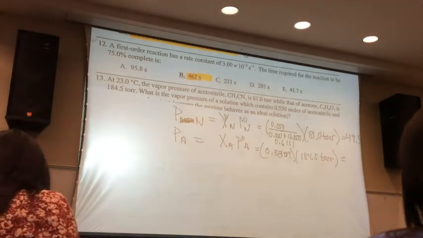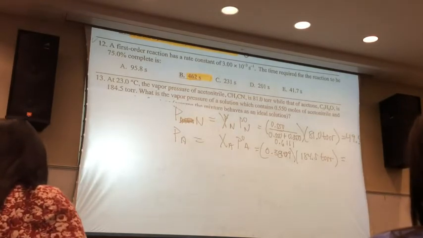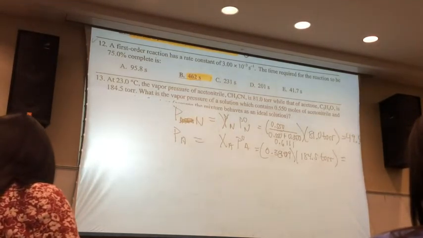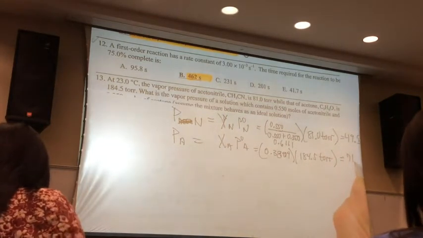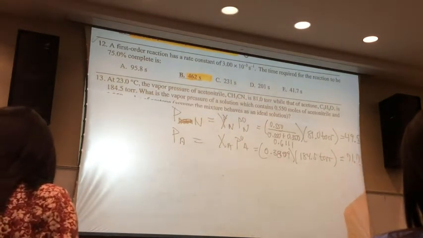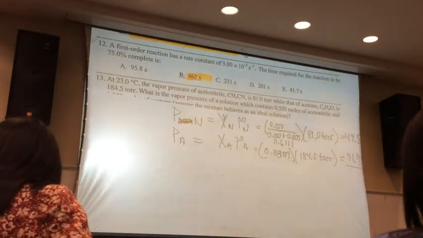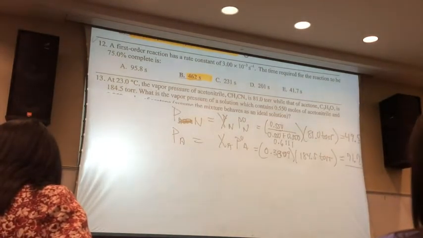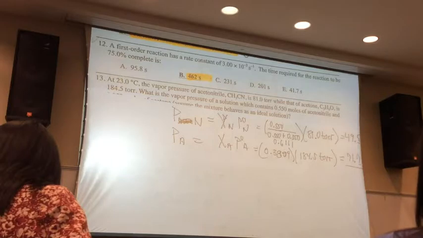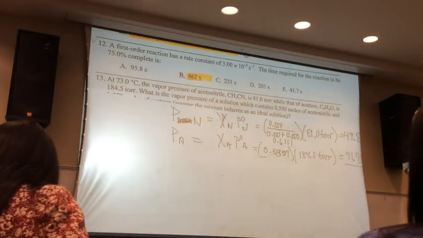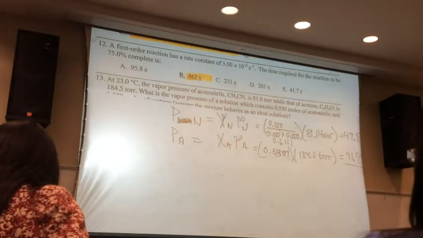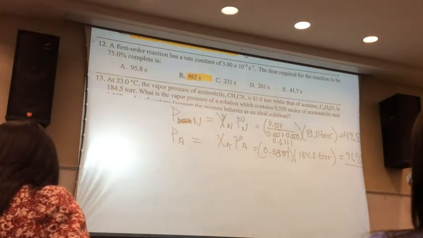Partial pressure of the acetone is 0.3889 times 184.5. This is going to be 71.75. Then 49.5 plus 71.75, right?